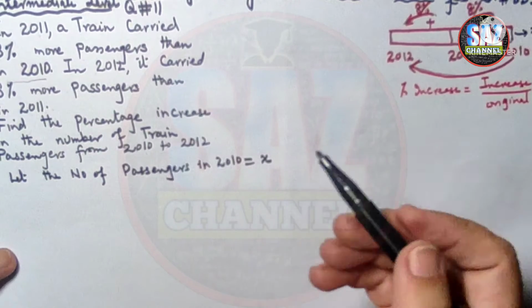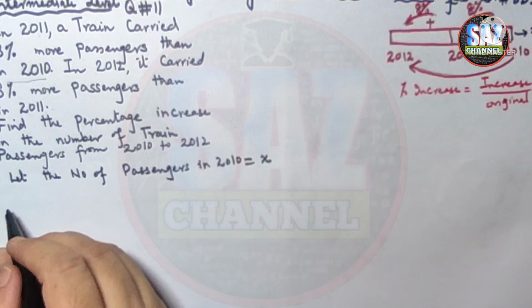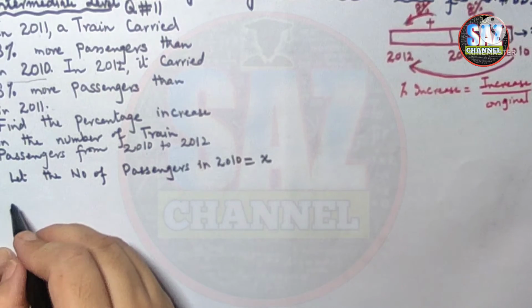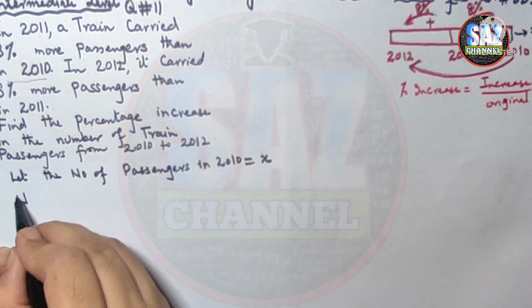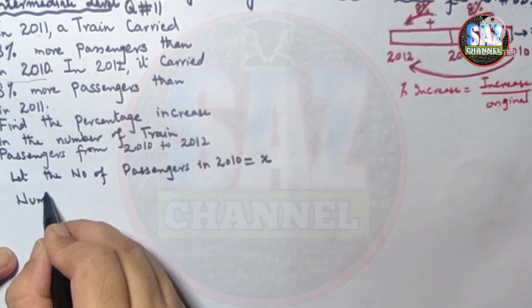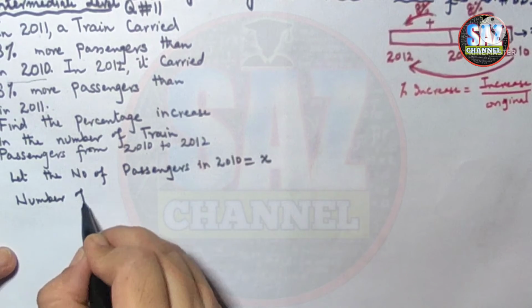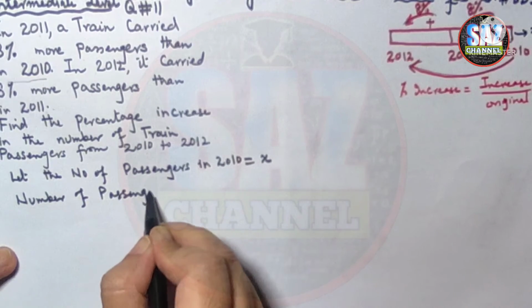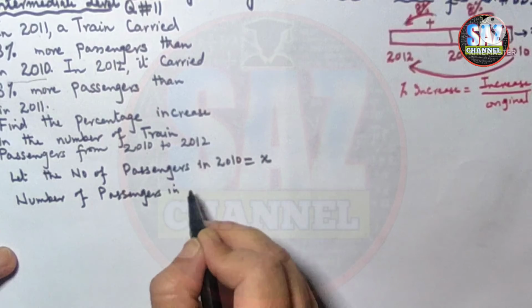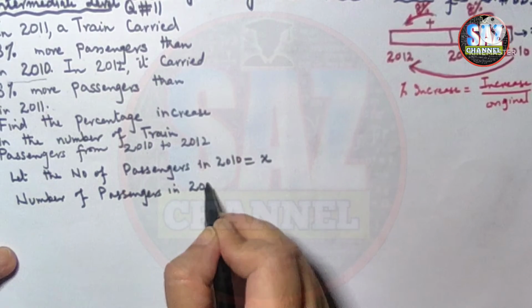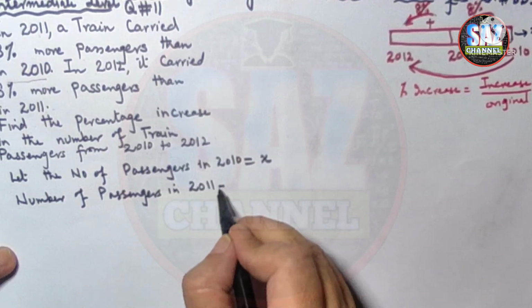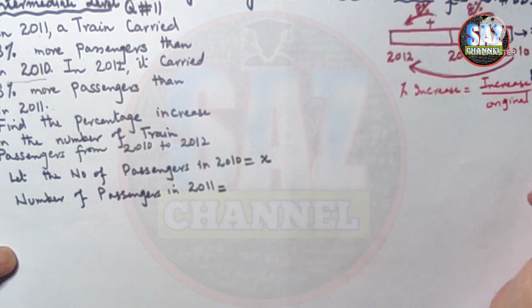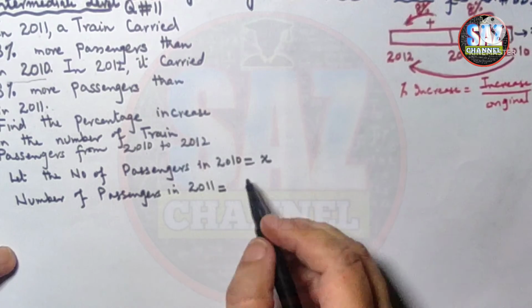Now in 2011 the train is carrying 8% more. So the number of passengers in 2011 is 8% more than what the train was carrying in 2010.